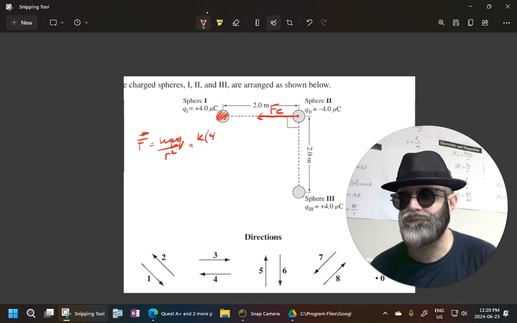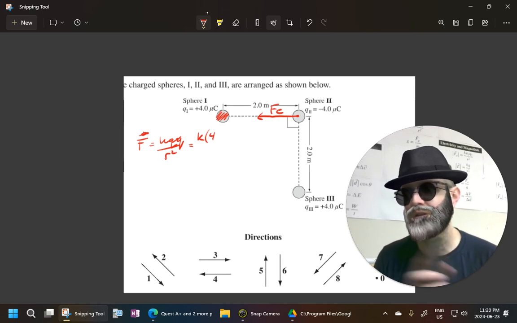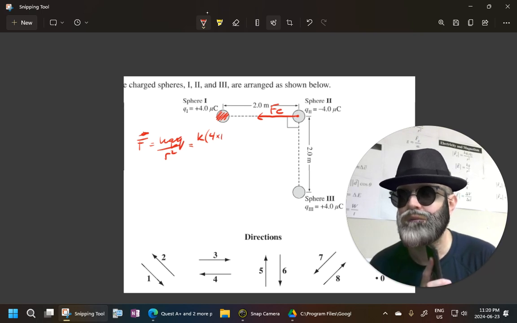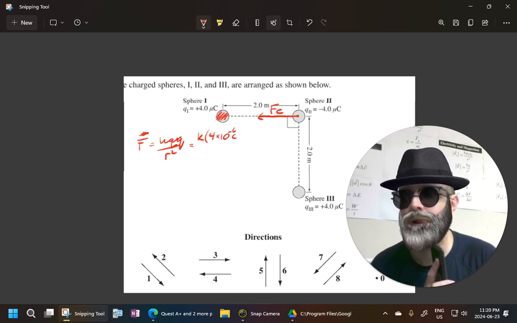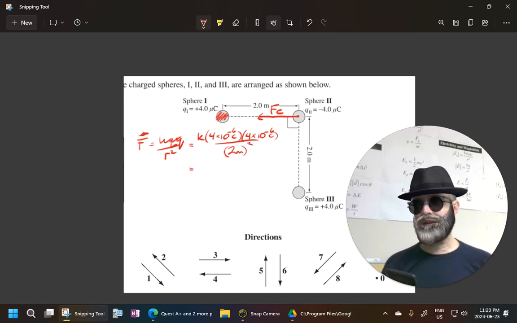For this charge, I'm not going to write any of the negatives in here because I know which direction it's going. I drew it. I don't have to put the negatives in to show it's an attraction force. But this times 10 to the negative 6 I had to do. And there's 2 of them. I could have squared this number, but I'm just going to write it out twice. And divided by 2 meters squared. Make sure you square that number. And I'm going to get this force. It's going to be at a 45-degree angle, and you're going to see in a second why that is.